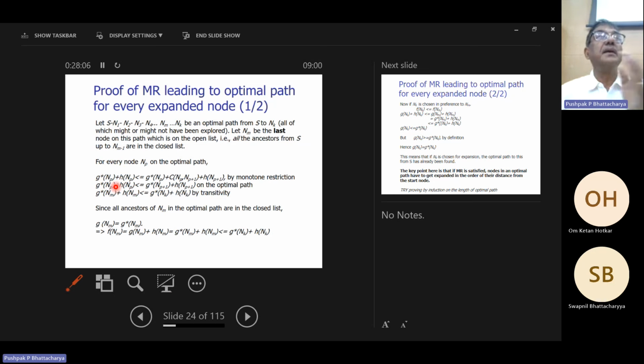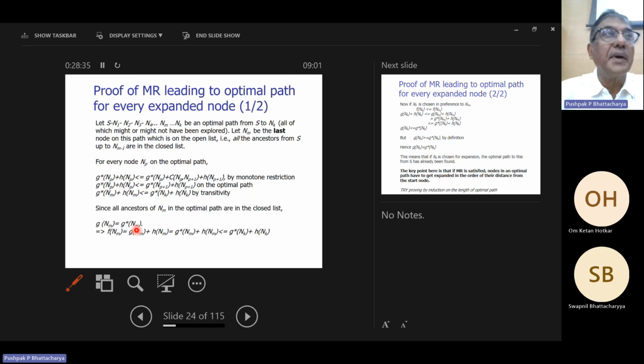So this is one relation which will hold on the optimal path if monotone restriction is satisfied. That G star plus H value is less than or equal to the G star plus H value throughout the optimal path. Now, since all the ancestors of nm in the optimal path are in the closed list, Gnm is equal to G star nm.